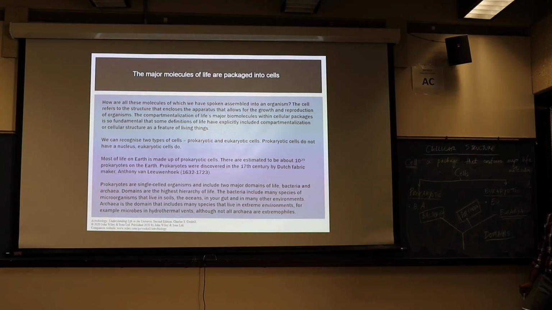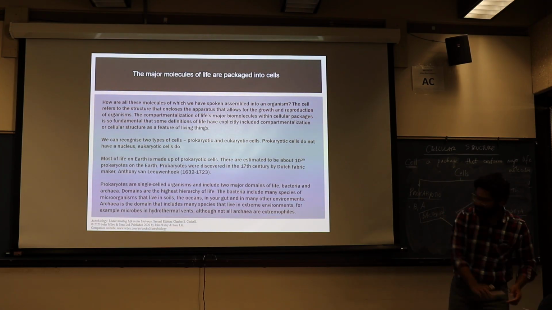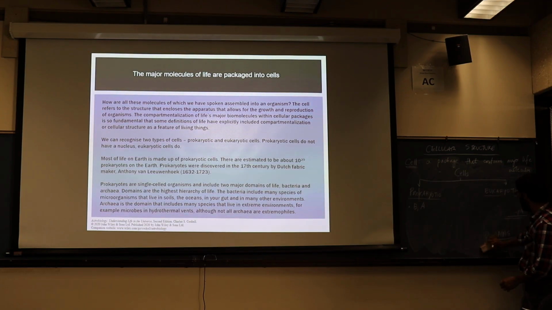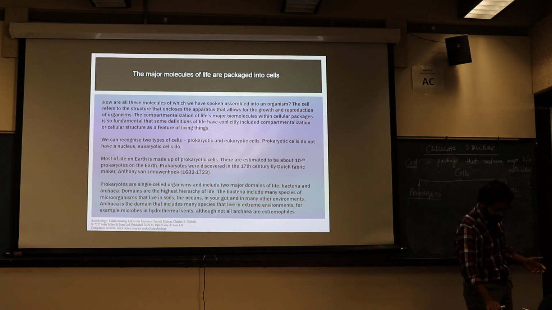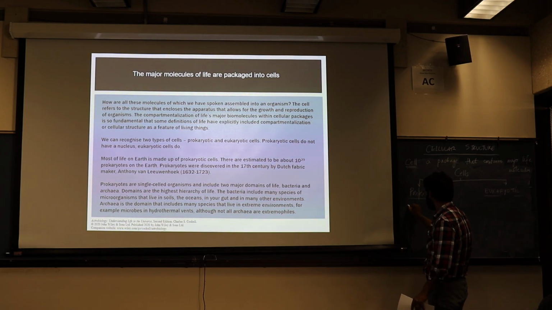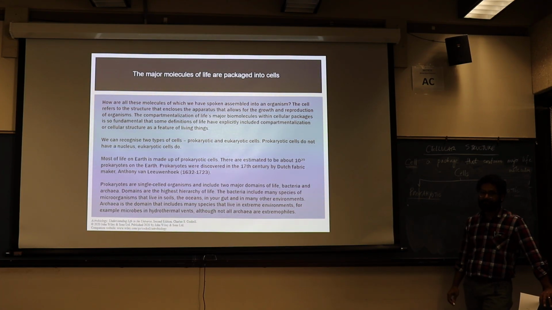Okay. Now, if there is life on Mars, what type of life do you think is more likely? Bacteria, archaea, or eukarya? Why? Extreme environment.